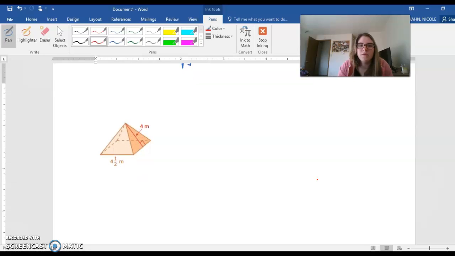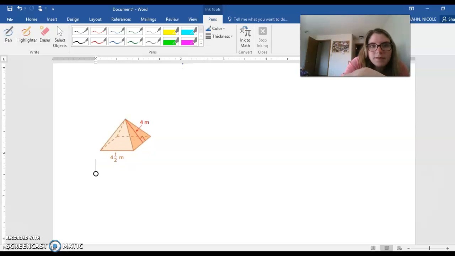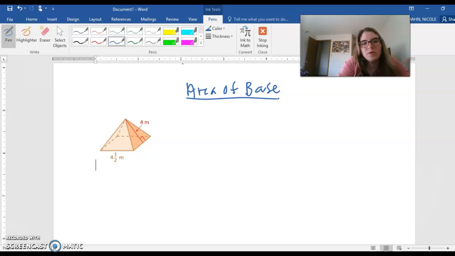All right, so for the last one, we need to find the area of the base first because they didn't give us that. You can tell the base here is a square. So it's 4.5 by 4.5.